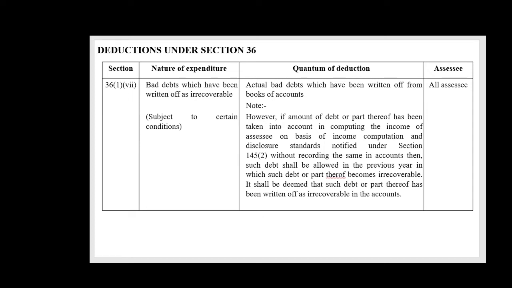Next deduction is under section 36, subsection 1, clause (vii), and it pertains to bad debts which have been written off as irrecoverable. The quantum of deduction is actual bad debts which have been written off from books of accounts.